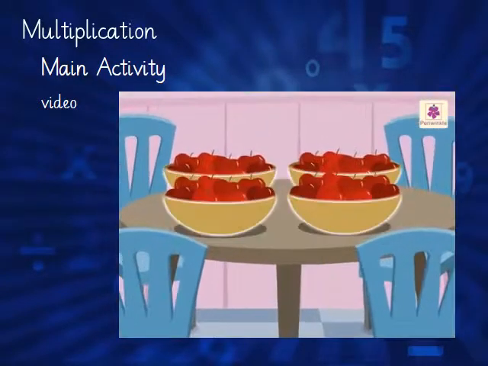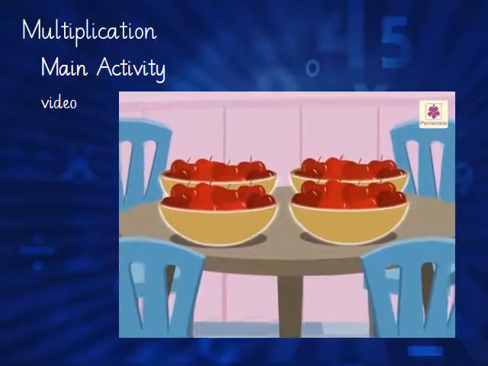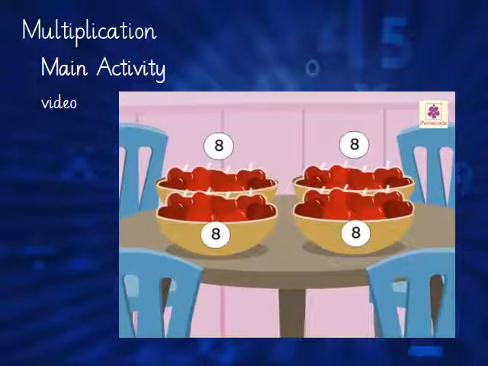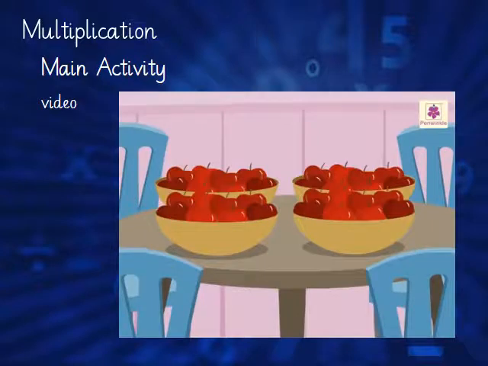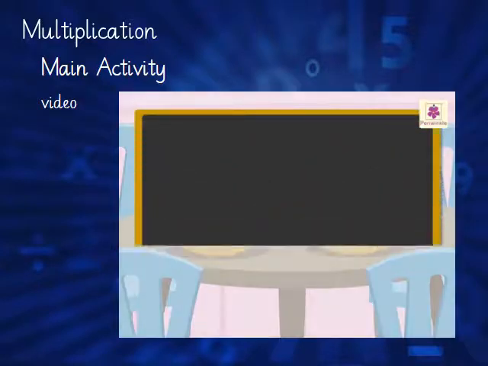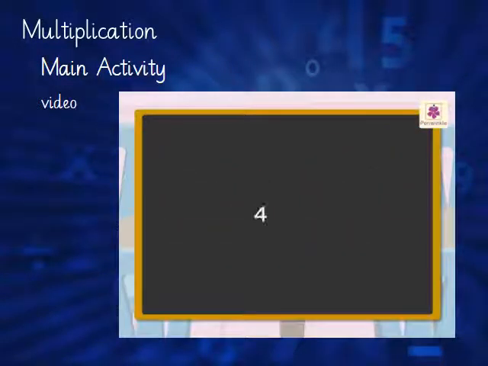Look at the 4 bowls. There are 8 red juicy apples in each. How many apples are there in all? The answer can be found by multiplying 4 and 8. Thus, 4 into 8 is equal to 32.